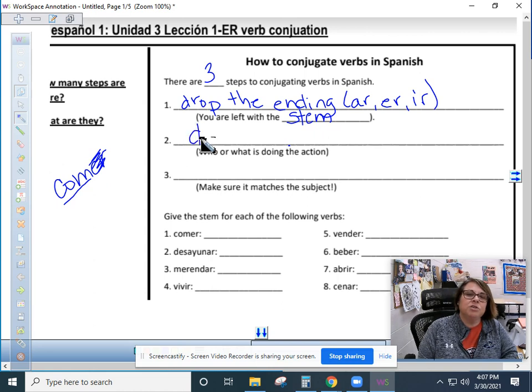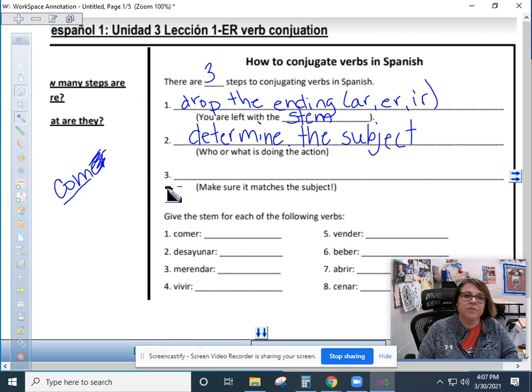Step number 2 is to determine the subject. And step number 3 is to add the new ending according to that subject, right?